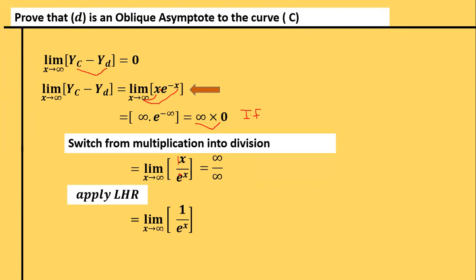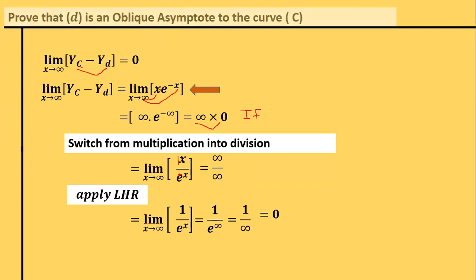Another time, replace x by infinity. E to the power infinity is equal to infinity. Any number divided by infinity is equal to 0. So now we can say that the line D is an oblique asymptote to the curve C.